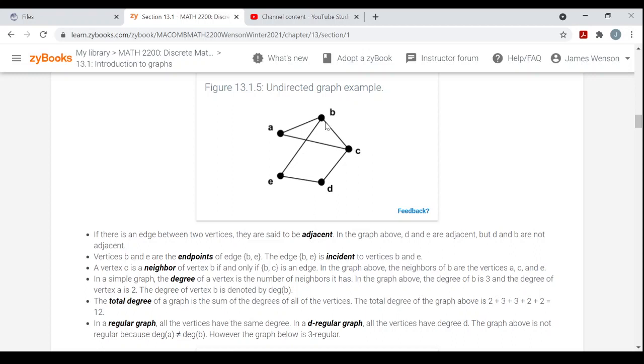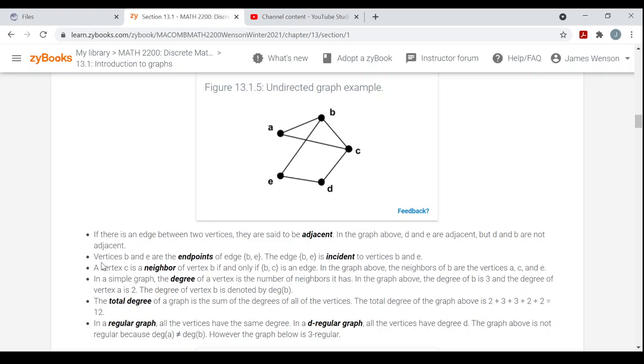So A and B are adjacent, A and C are adjacent, B and C are adjacent, B and E are adjacent, C and D are adjacent, and D and E are adjacent. And B and D are not adjacent because there's no edge between them.